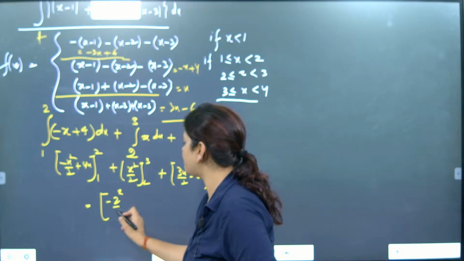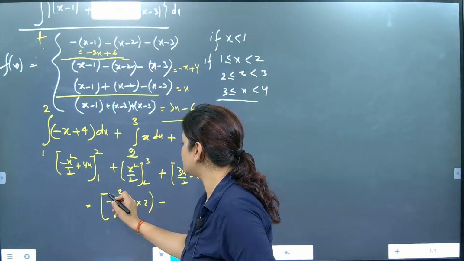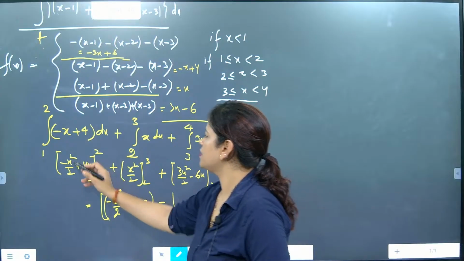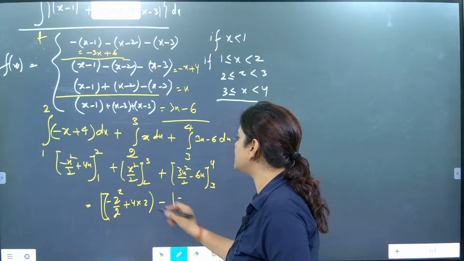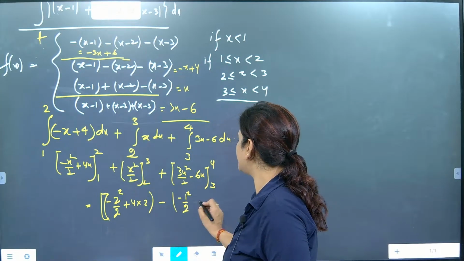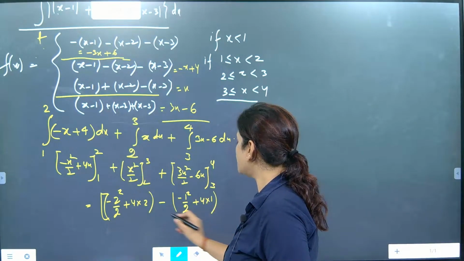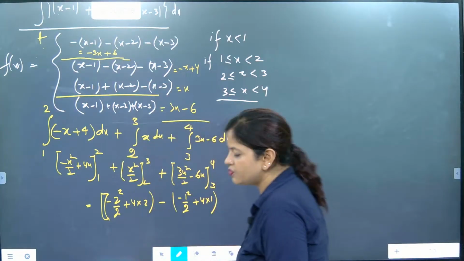When you substitute here too, what will it become? Minus 2 square by 2 plus 4 into 2, and then minus, put another bracket. Now here it will be 1. So here, because minus x square is there, here it will become minus 1 square. So minus 1 square by 2 plus 4 into 1. So outside bracket, because upper limit substitution minus lower limit substitution. This you need to remember.